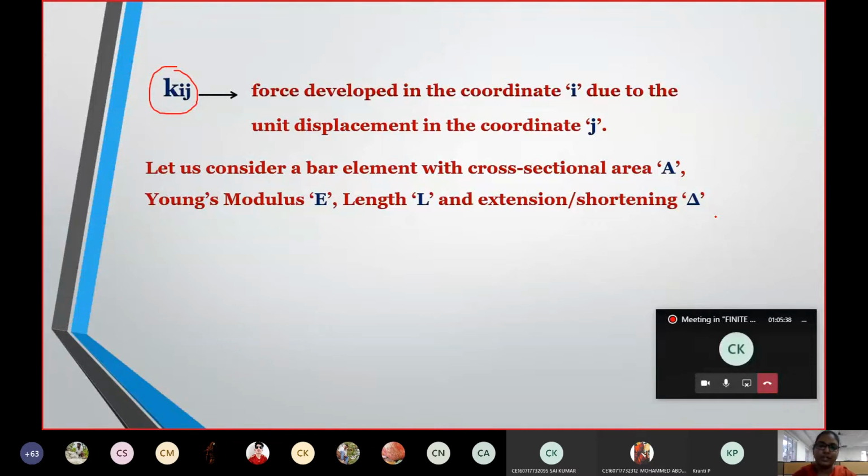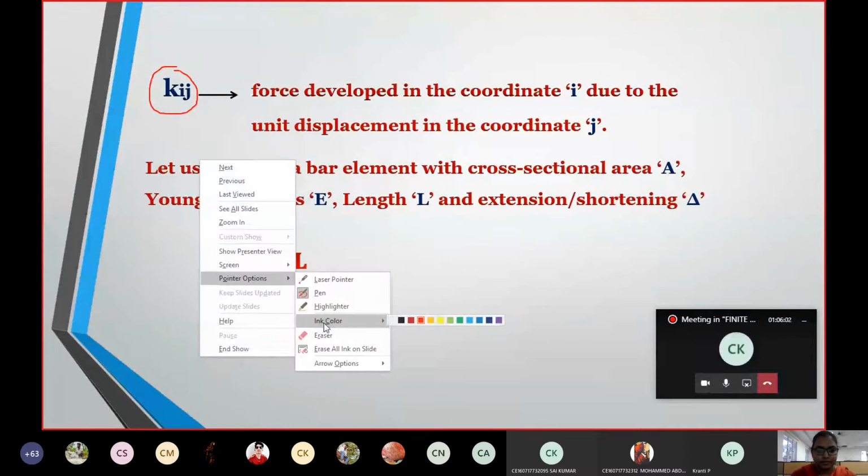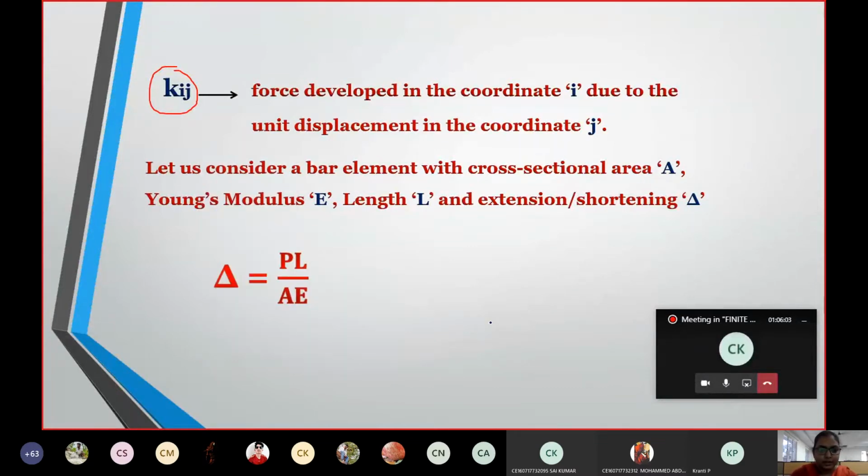If I show you the formula, you will tell how we know this. Have you ever seen this? Extension is given by PL by AE, right? Now, we are giving unit displacement and trying to find the force in the member, so I'll make a little change and rewrite the equation.